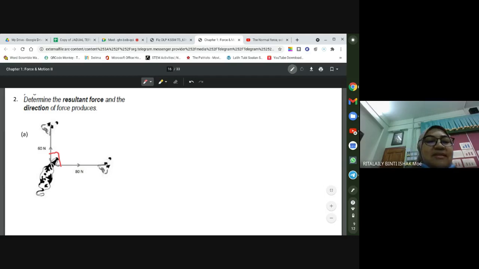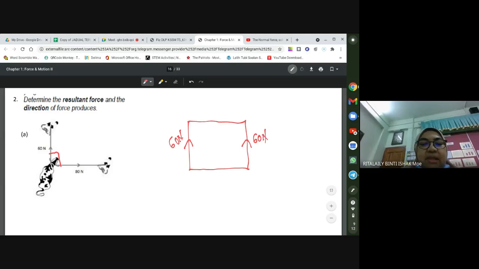Okay, so since the forces are exerted at 90 degrees, if we draw a parallelogram, we are going to draw two parallel lines to another line that is parallel to the 60 Newton with the same length, with the same direction. And the other one, 80 Newton, another parallel line with the force 80 Newton, same length, same direction.